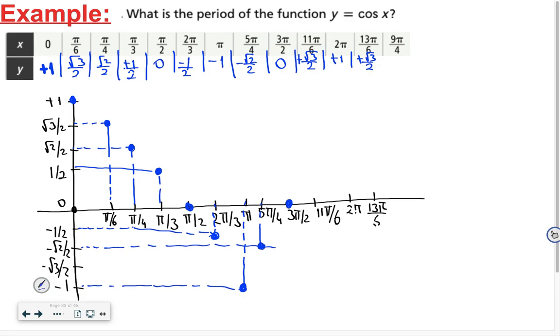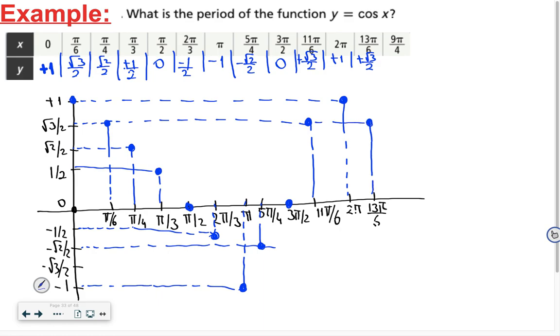After that, 11 pi over 6 is radical 3 over 2. And 2 pi is positive 1. After that, it's going to be radical 3 over 2 again. So let's try to graph this. We are going to start from here, ladies and gentlemen.